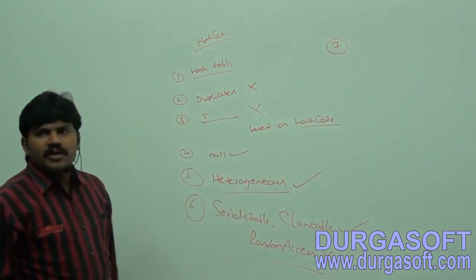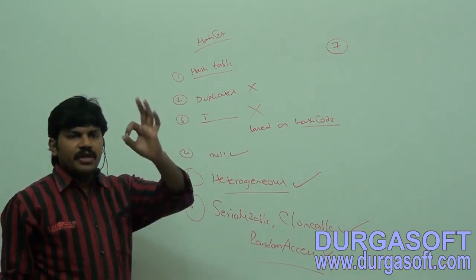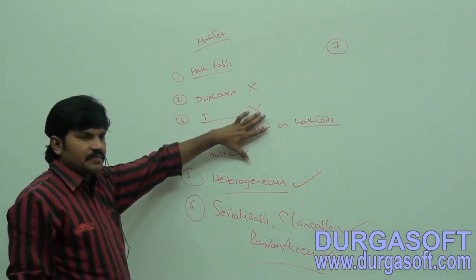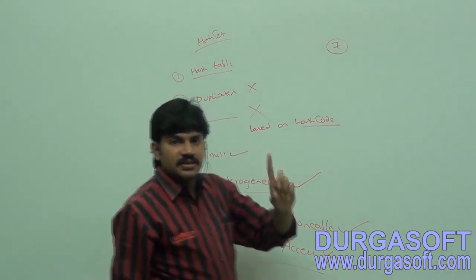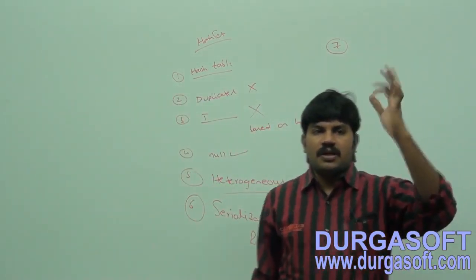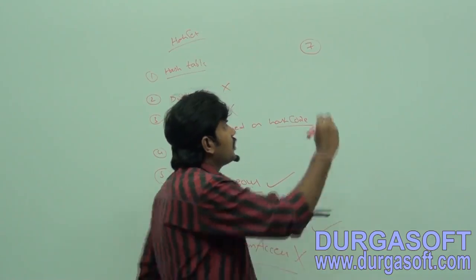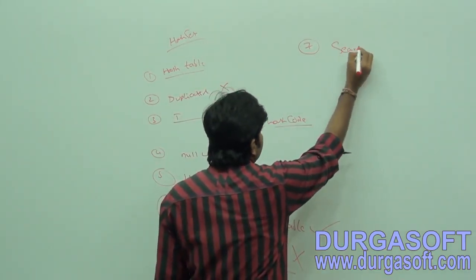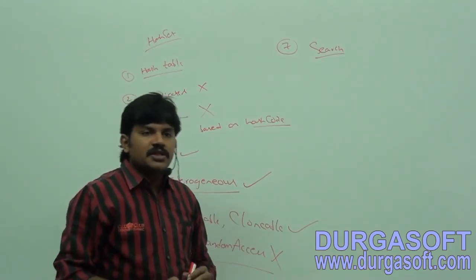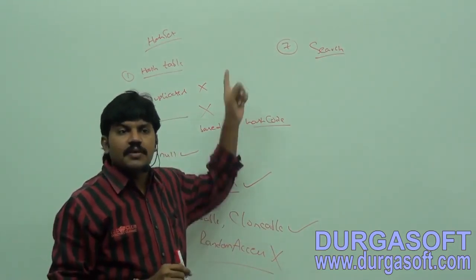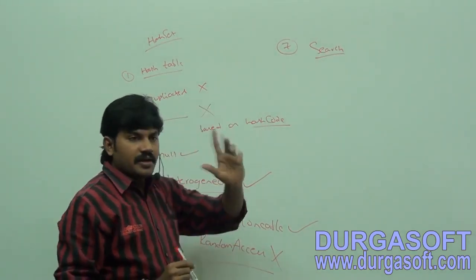Okay, next, just one point you people should be aware of. Wherever hashing is there, hashing related data structures are best suitable for search operation, right? Wherever search operation is our common, frequent operation, the best choice is hashing related data structures.